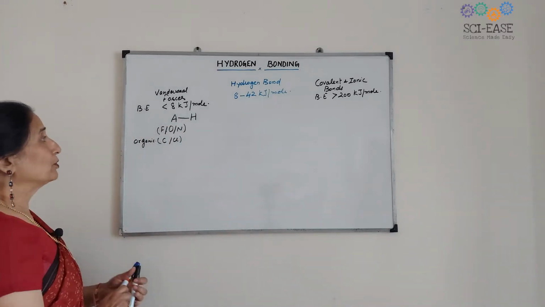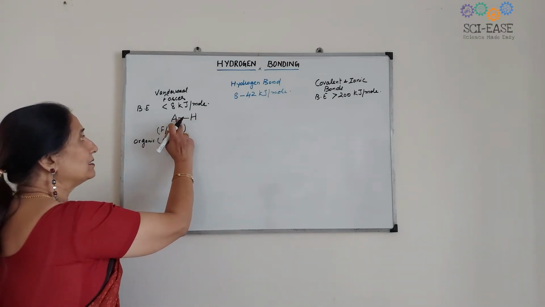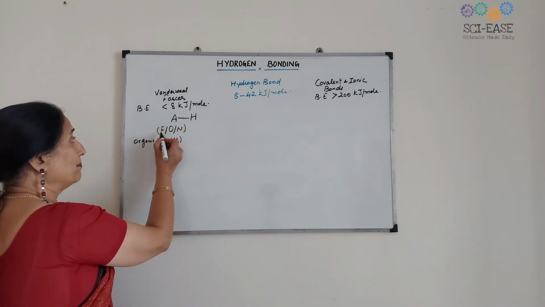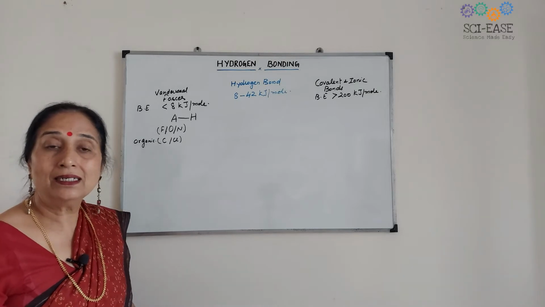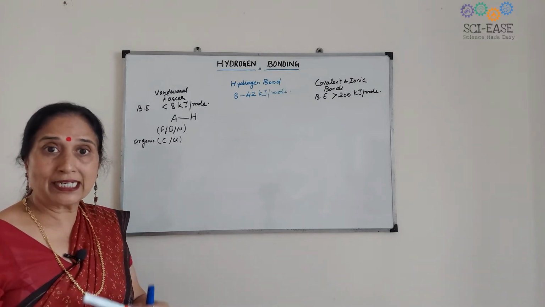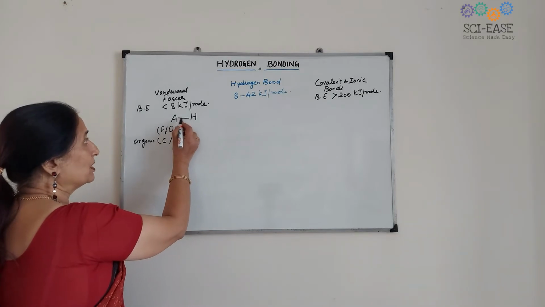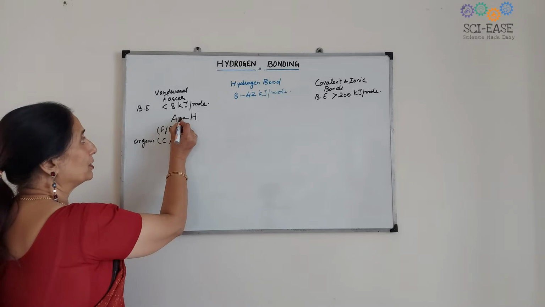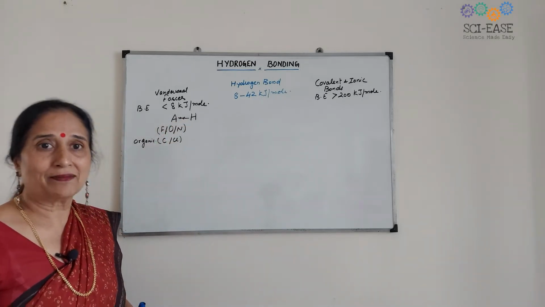Now, I have told you that this is the bond A-H and this is a covalent bond. Okay? And A may be fluorine, oxygen or nitrogen, that is, an electronegative element. When there is bond formation between the two, the shared pair of electrons will be shifted more towards the more electronegative atom.